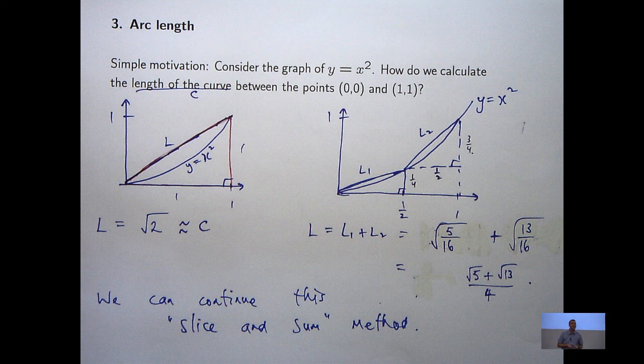Just using Pythagoras, I need the height here, but remember it's the curve y equals x squared. So that's the length of the first one. That's the length of the second one.